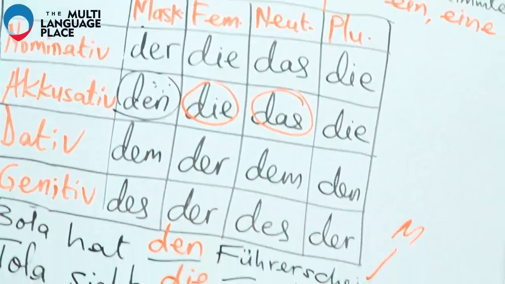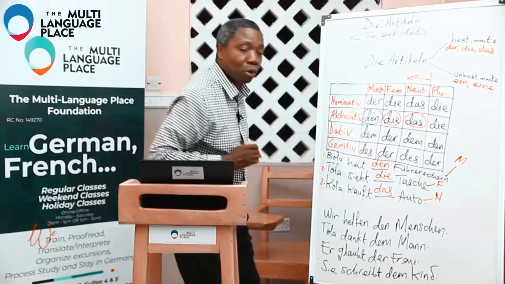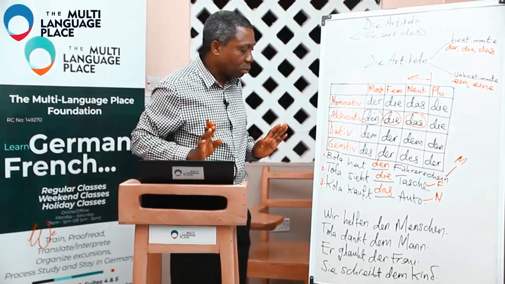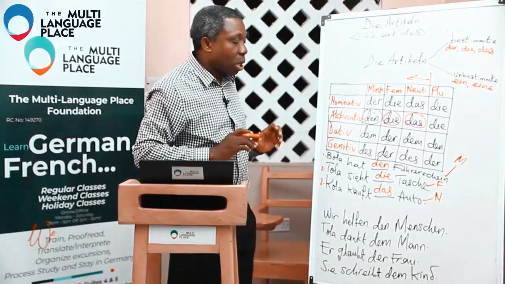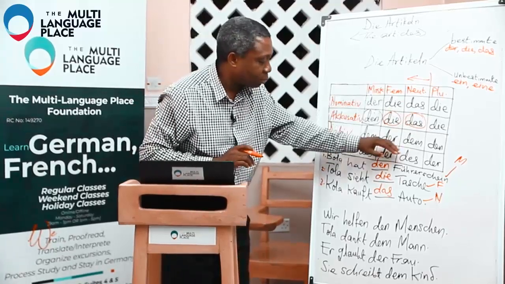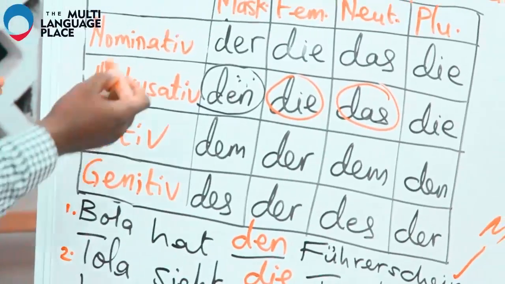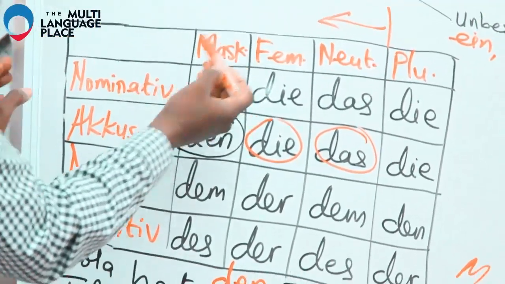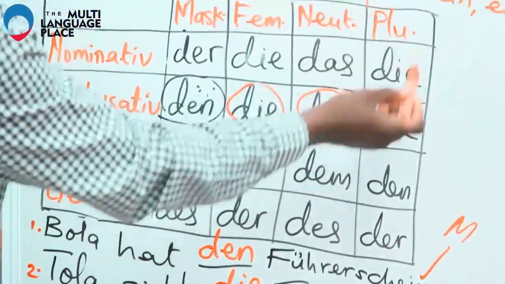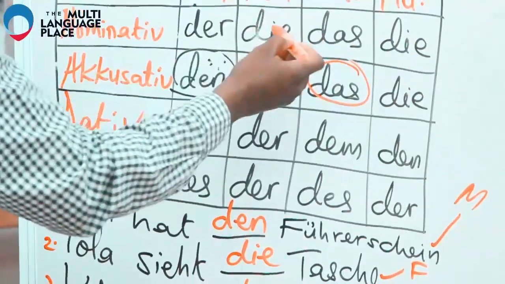So we have Kola kauft das Auto. And with that, you get it right. So the simple trick is to have this table in your brain. Not difficult. Nominative case: masculine, feminine, neuter, plural. Der, die, das, die.